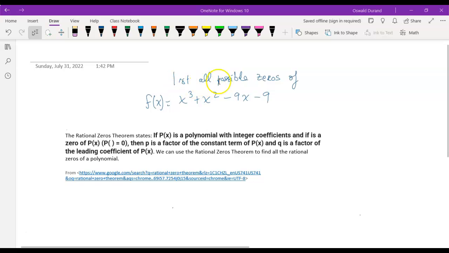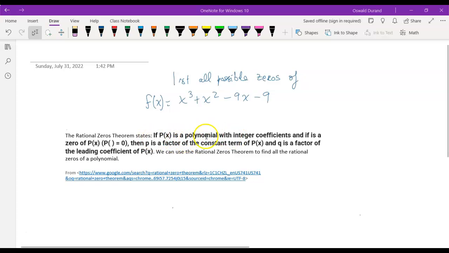Here you have to list all the possible zeros, or whatever the x can be, which you did, but here you have to follow the rational zeros theorem, and you have to list all the possible zeros that you can use in your process. Okay, and so here it goes.